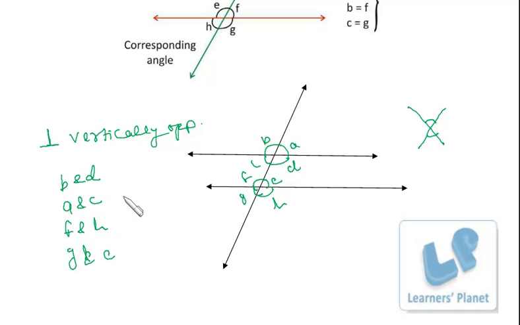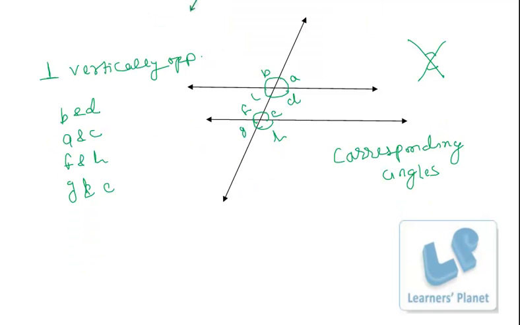Next thing which we are going to discuss is corresponding angles. Now corresponding angles, that means both the angles should be on the same side of parallel lines. Either both of them should be above or both of them should be below, right?